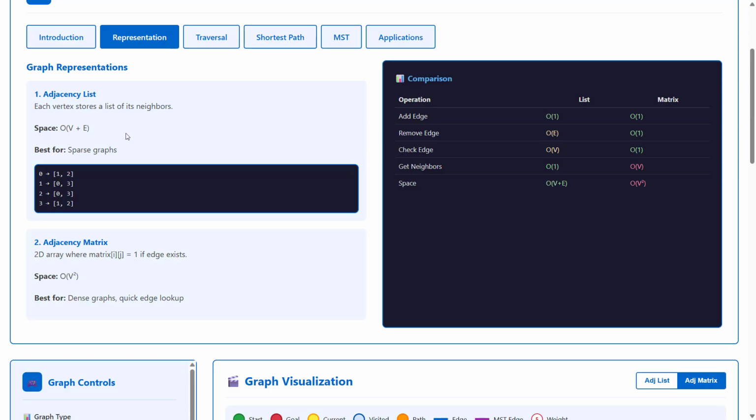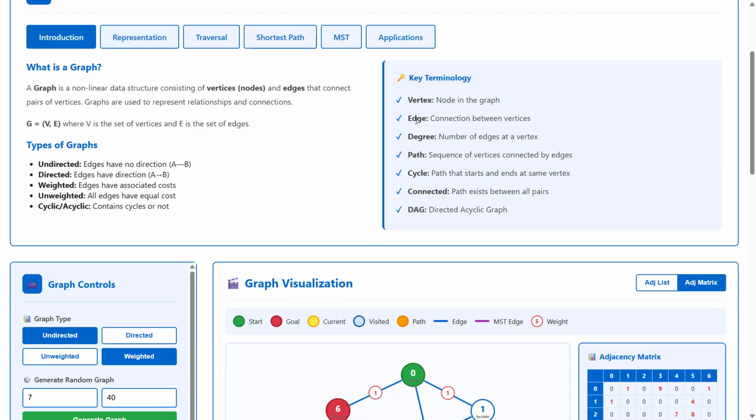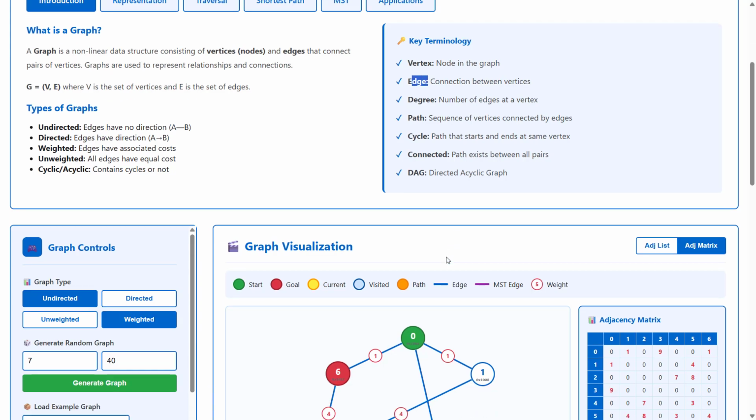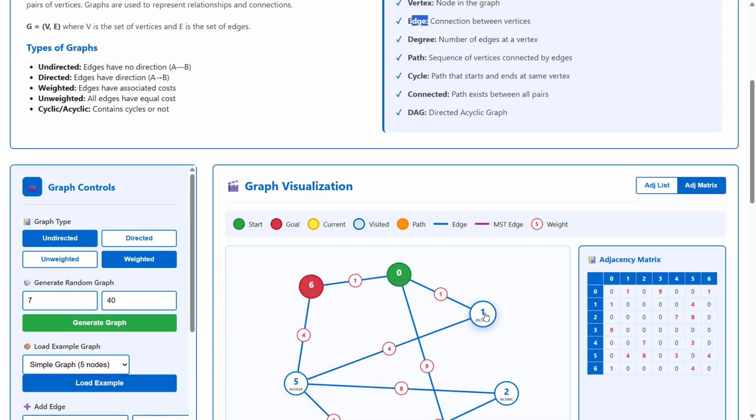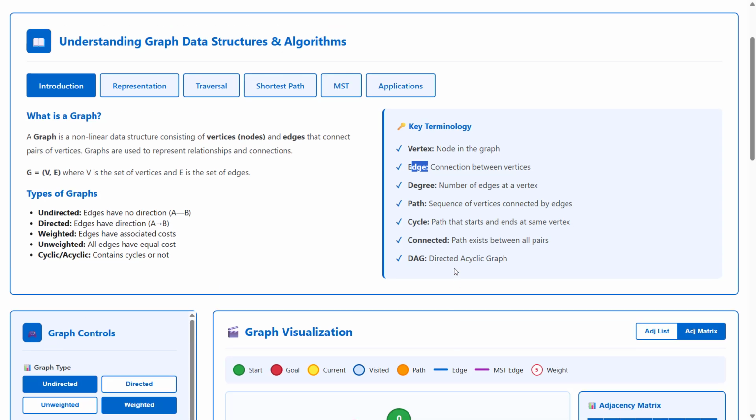Before we move forward, let me quickly explain some important terms you will hear a lot. Vertex or node means a point in the graph. Edge means a connection between two vertices. When two vertices are connected by an edge, we say they are adjacent. Degree means how many edges are connected to a vertex.